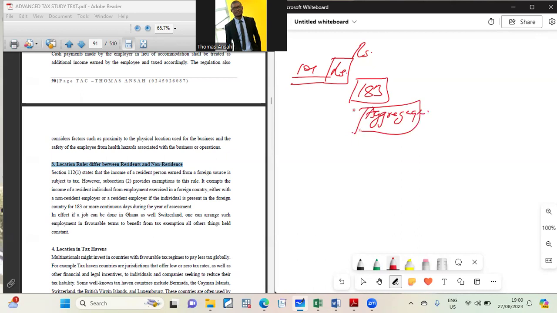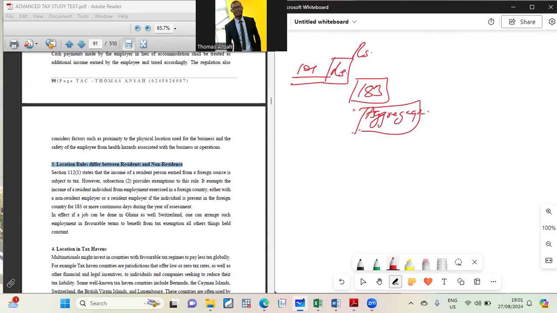And if you are a resident, it doesn't matter where you earn your money. Your money can be earned in Cambodia, you still pay tax to Ghana. We will look at what residence means later, but for now, understand that so far as somebody is a resident, it doesn't matter where he earns his money.